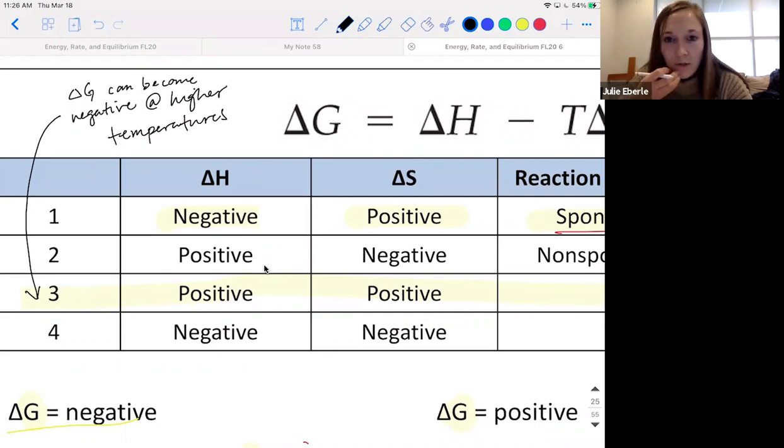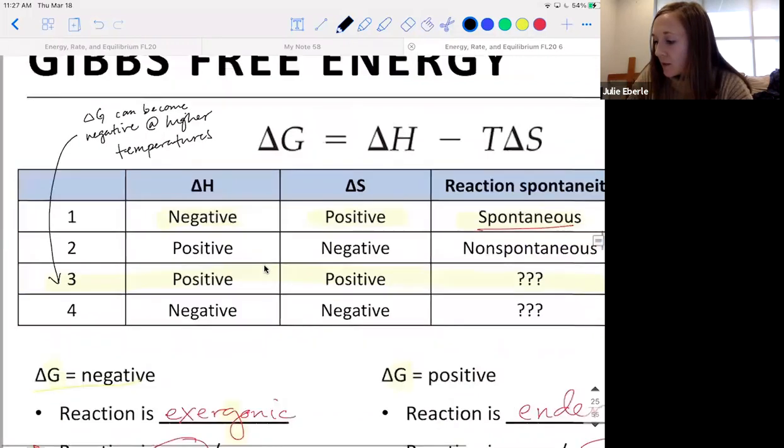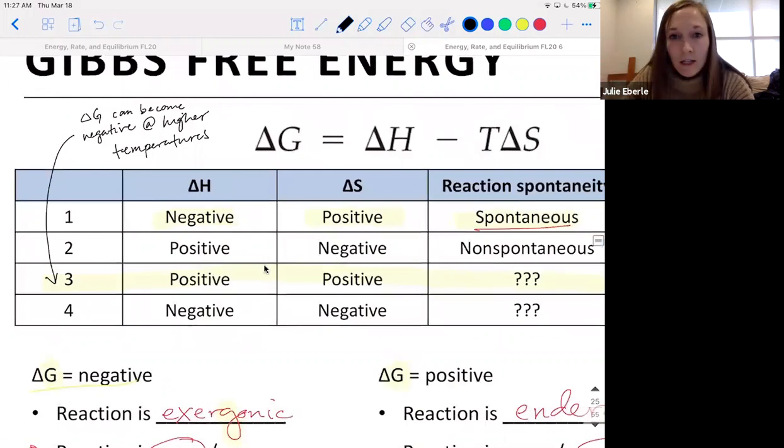If we take the negative temperature and then the positive 10 Celsius temperature, once you convert them to Kelvin, of course, your delta G would eventually become negative. Okay, so when you have a positive delta H and a positive delta S, you tend to have a favorable reaction at higher temperature conditions.